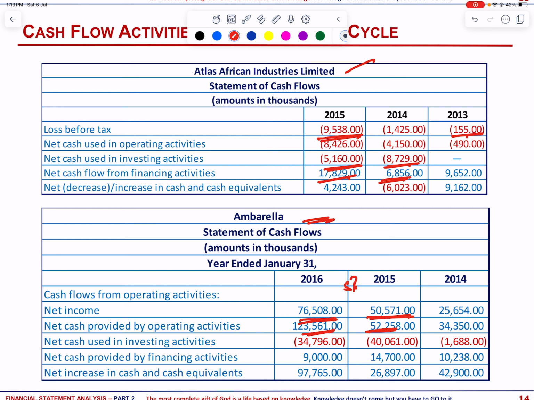The company invested about 35 million in the year 2016, down slightly from 40 million in the year 2015, mainly for future growth projects. Umbrella secured significant funds from financing activities totaling approximately 9 million in the year 2016 and 15 million in the year 2015 to support expansion efforts.